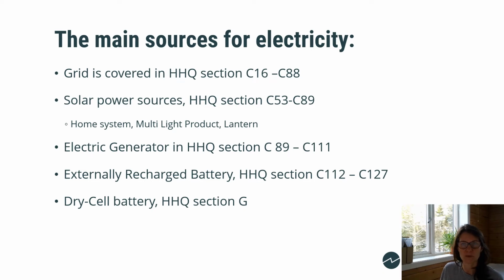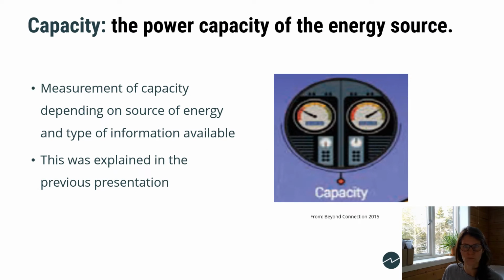The questions to collect information necessary to calculate the tiers are sometimes captured differently for the different sources. Capacity is an example where the information needed varies depending on the sources of electricity used in the household. The approach to collect what is needed to measure capacity was explained in the previous presentation.